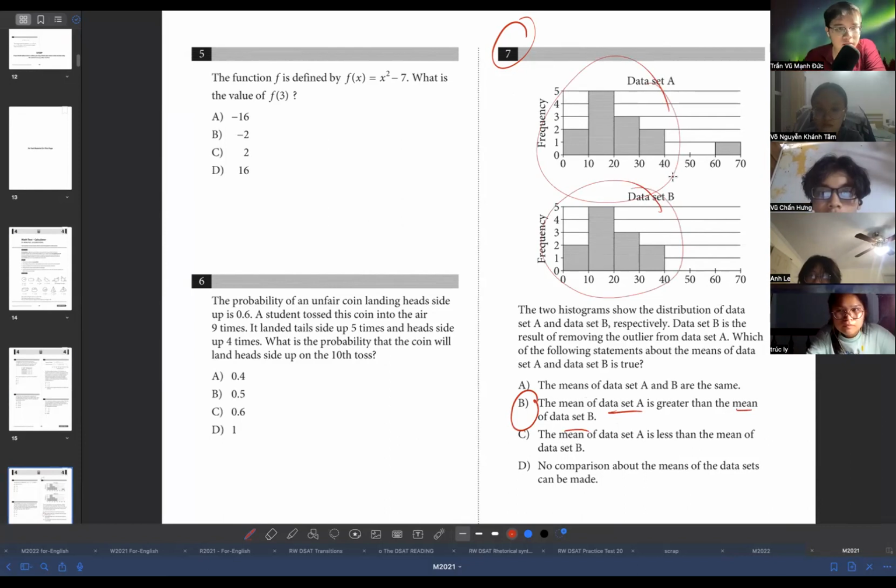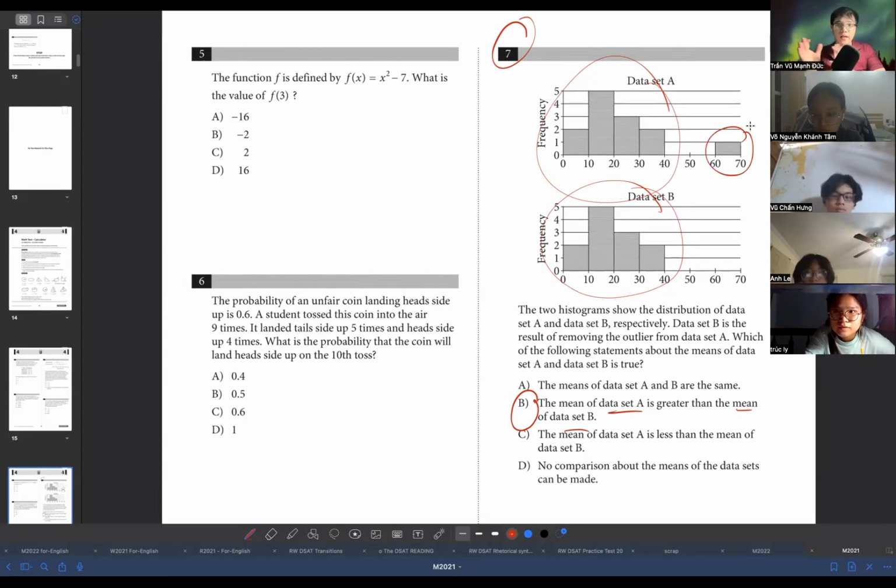Do you need to use your calculator? So how did you do it? Because between 0 to 14, the two datasets hit the same. However, dataset A also hits between 60 to 70, and after that it will be greater. Right, because this is essentially an outlier, and this is greater than any previous data.